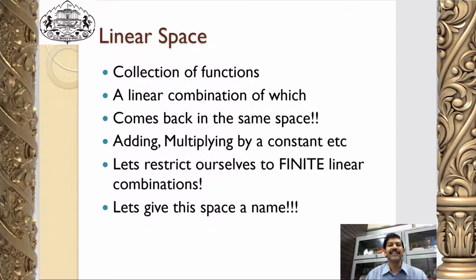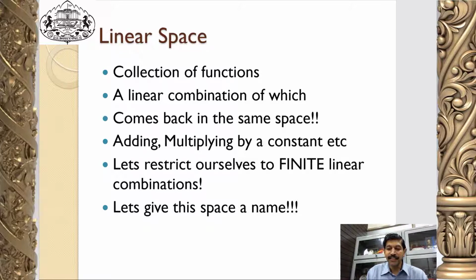Now let's understand the maths. Better said than done. If we really want to understand the nitty-gritties and how this is done, we need to understand the mathematics which lies beneath. Let's introduce the concept of linear space.